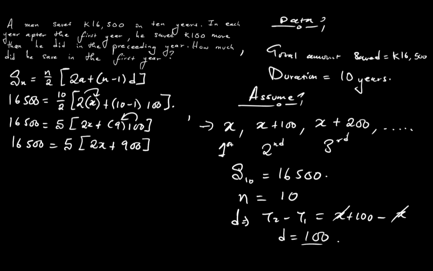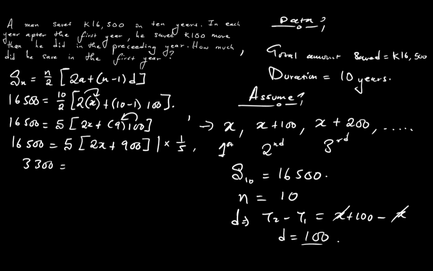Just like that. Now, there's a better way we can do this. If we wanted, we can let the 5 multiply each term within the brackets. Or we can just divide throughout by 5. So such that we divide throughout by 5, 5 into 16,500 will be 3,300.